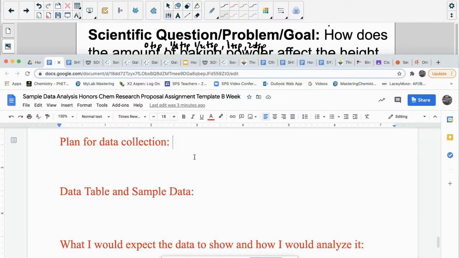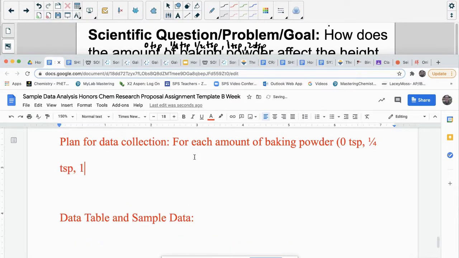So I can say something like, for each amount of baking powder, I'll list the amounts: 0 teaspoons, 1/4 teaspoon, 1/2 teaspoon, 1 teaspoon, 2 teaspoons.